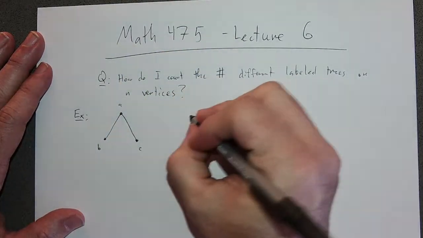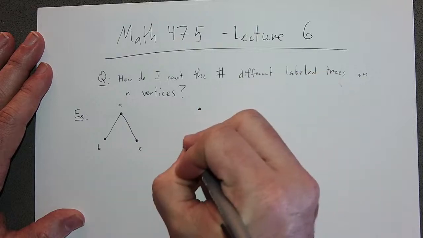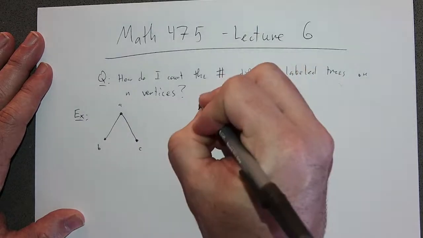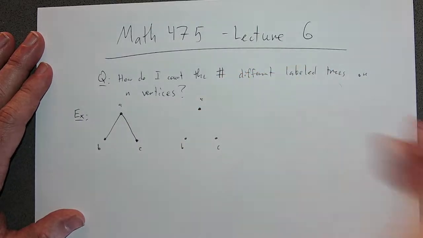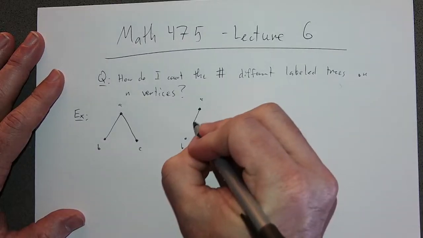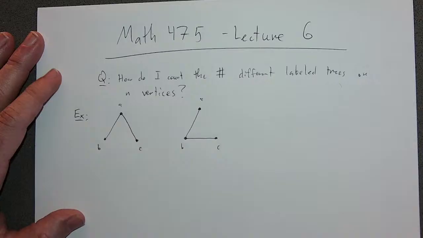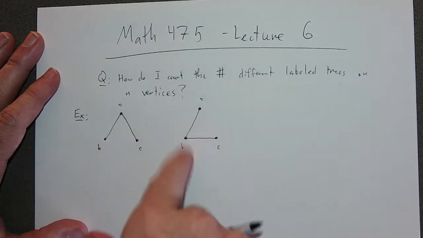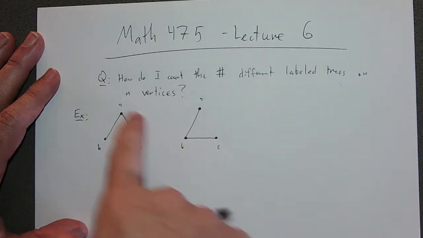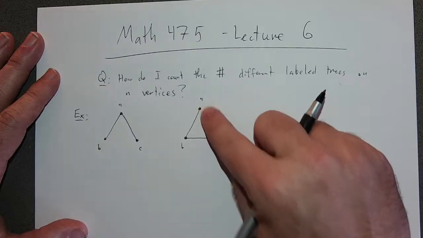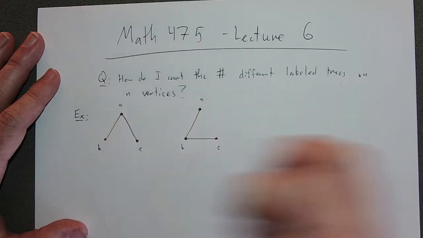Okay. I'm going to draw the same vertices A, B, and C. And of course, B could have degree 2, which would lead to a tree that looks like that. That, of course, is a distinct tree from this because the corresponding vertices are different here. Here, A has degree 1. Here, it has degree 2.